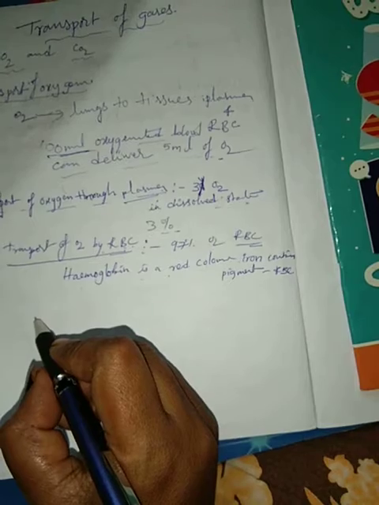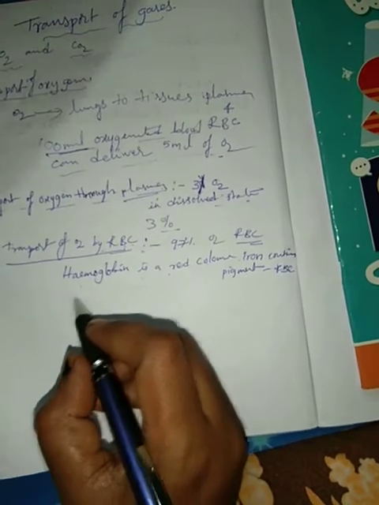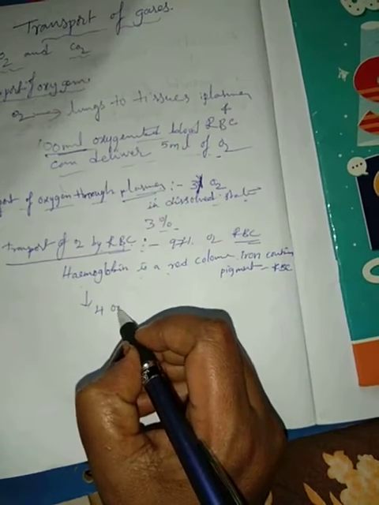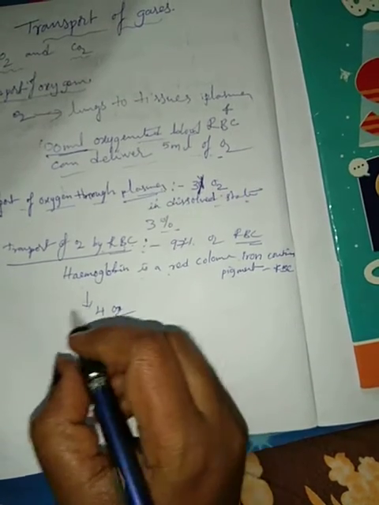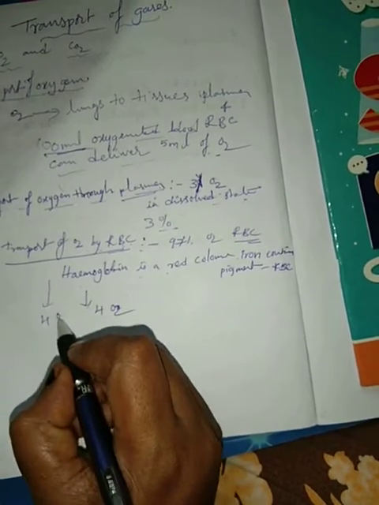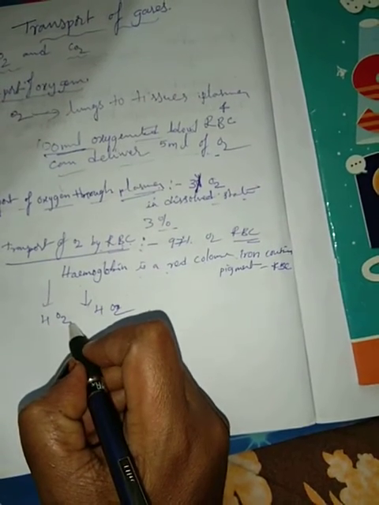Each hemoglobin molecule can carry a maximum of 4 oxygen molecules. Okay, each hemoglobin carries 4 oxygen molecules.